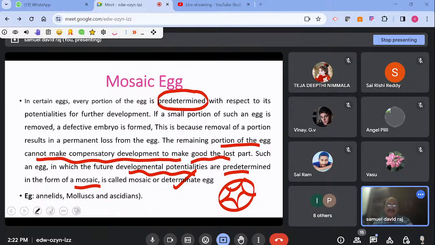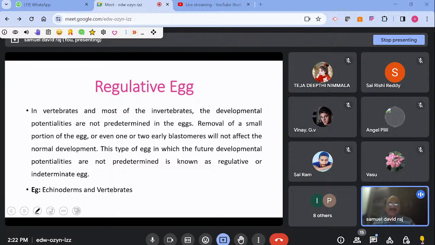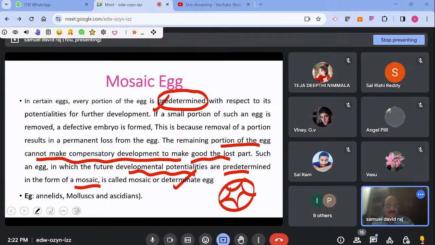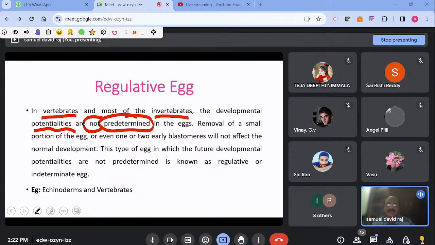This is seen in annelids, mollusks, and ascidians. The second one is the regulative egg, seen in vertebrates and most of the invertebrates. The developmental potentialities are not predetermined. Here they are predetermined, and here they are not. That means removing a small portion of the egg, that is, one or two early blastomeres, is not going to affect normal development.